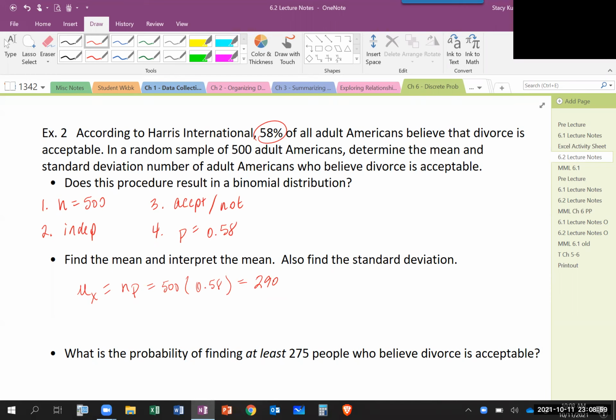Okay? Do you want me to repeat that? You can write it for yourself then, that interpretation. Good.